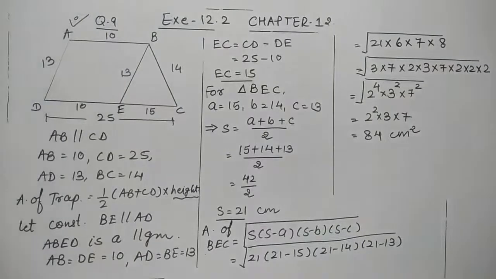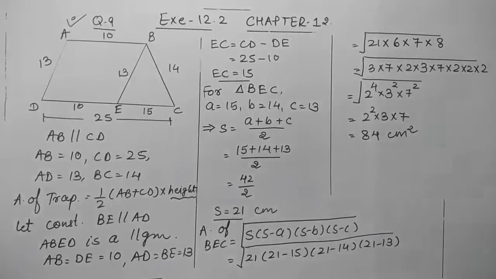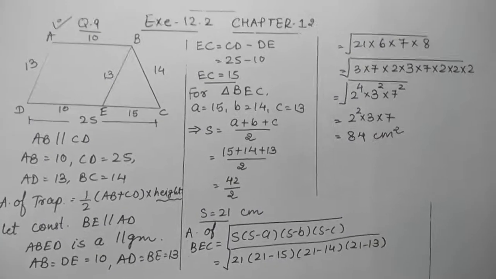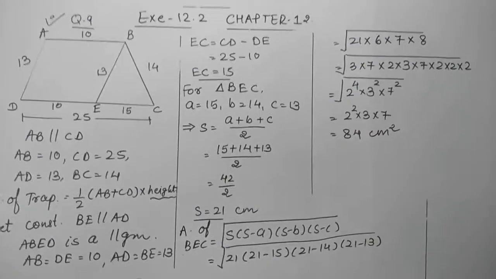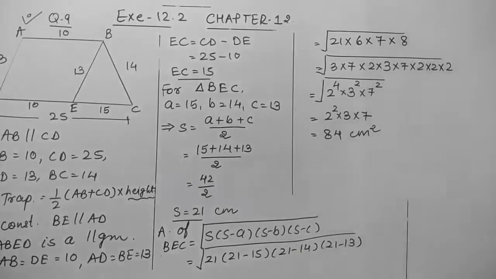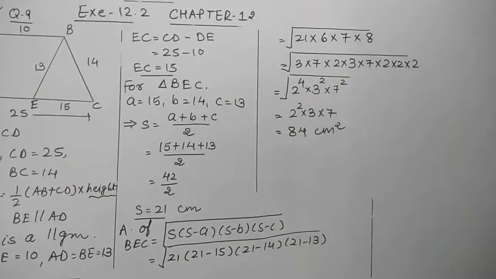Now why do we need to go for the area? Let me explain the base of this question. The reason to find out the area is that one of the formulas to find the area of a triangle is half into its corresponding base into height. So by using this formula, we can also find out the length of the height.